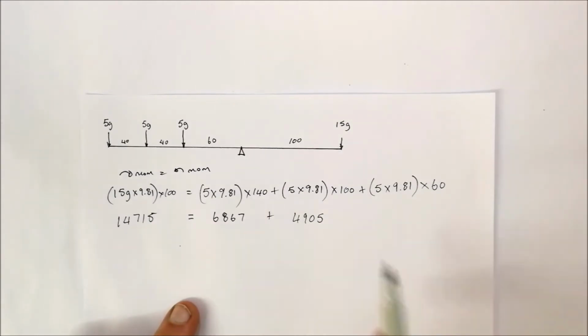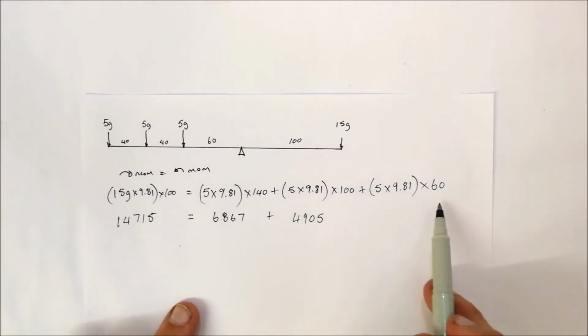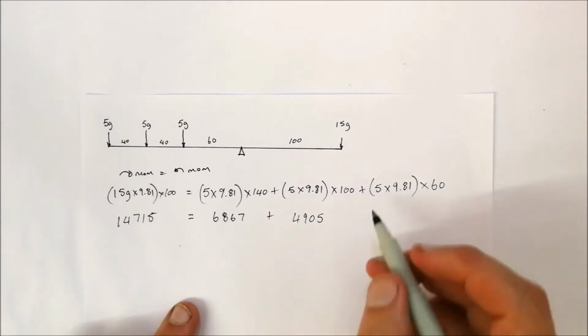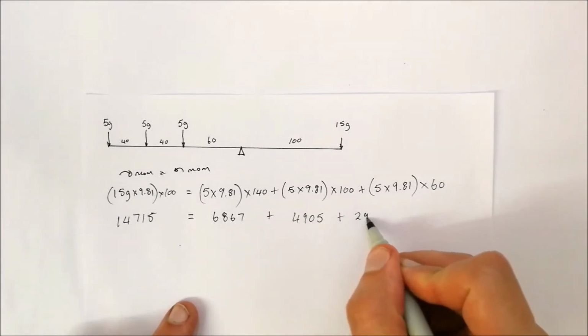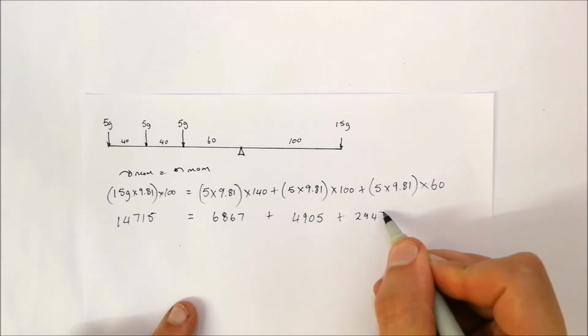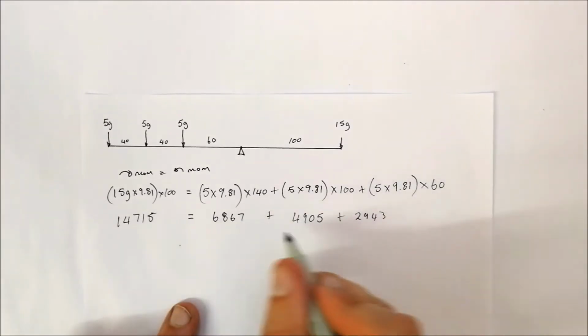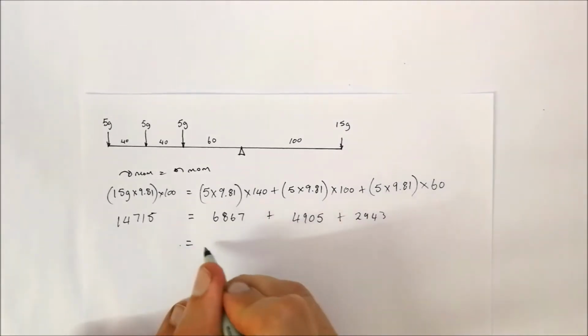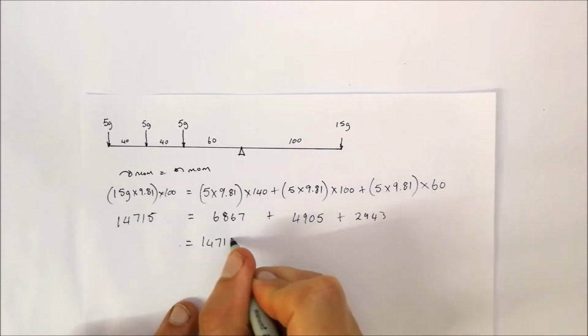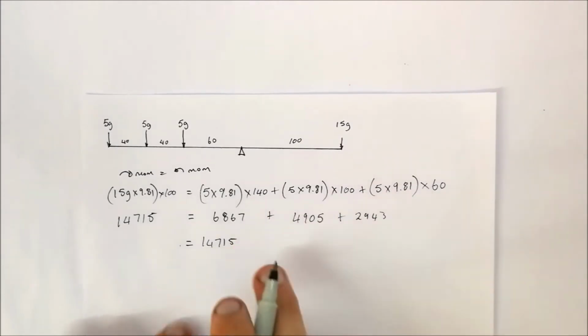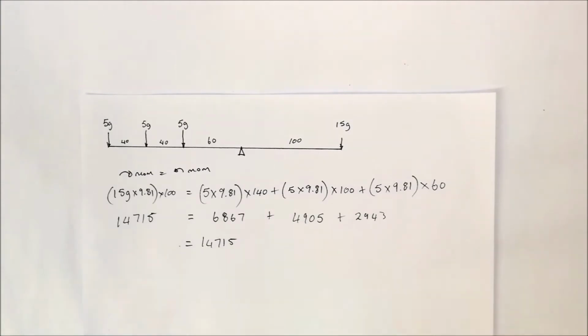Then 5 times 9.81 multiplied by 60 is equal to 2943. If we add those values together, we get 14715. So that shows that our clockwise moments is equal to our anti-clockwise moments.